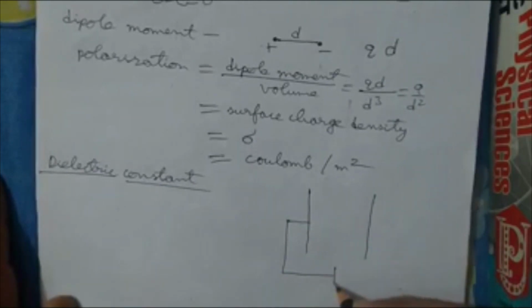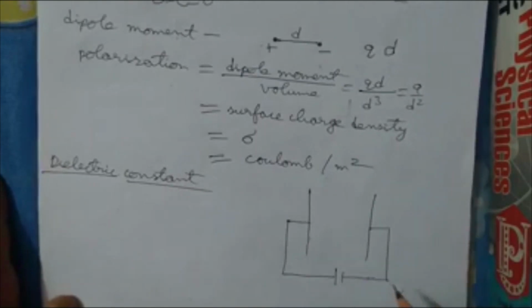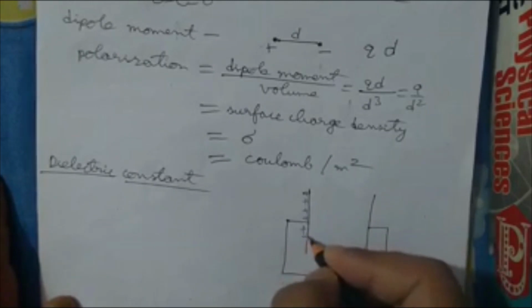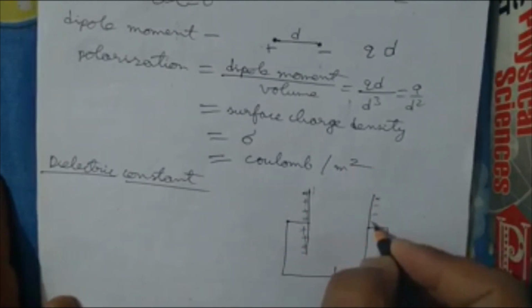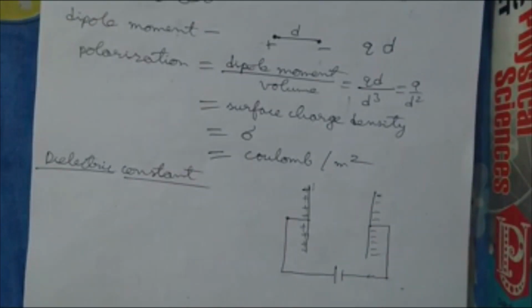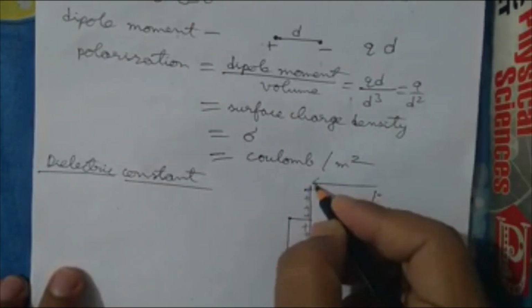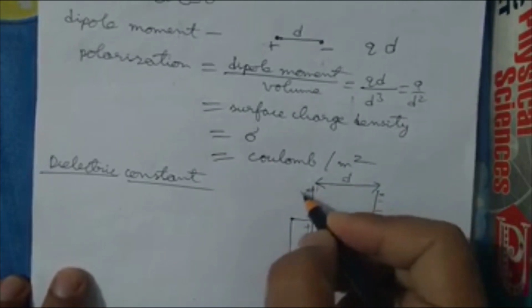It is charged by a battery of say voltage V. So what will happen? There will be positive charge here, this plate will be charged with positive charge, and negative charge here, this plate will be charged with negative charge. The distance between the plates is say D, and the area of cross section is say A.